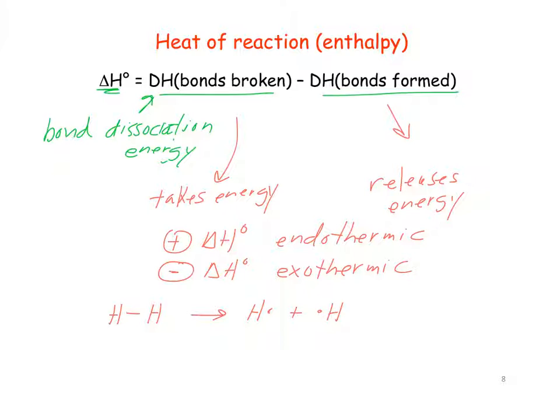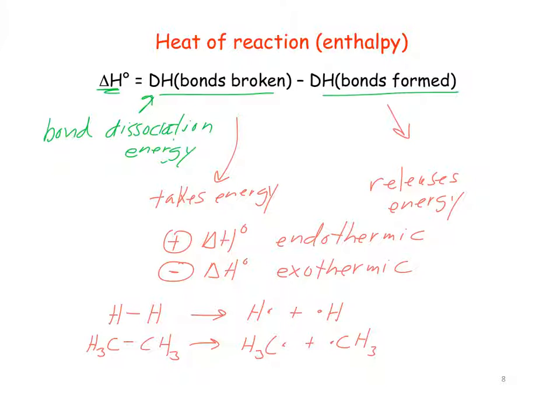Another example would be if we have ethane and we break that carbon-carbon bond in the middle, we would get two methyl radicals like this.